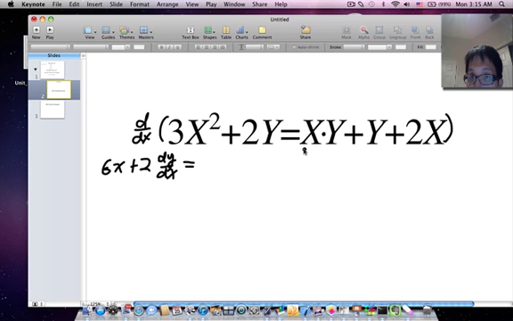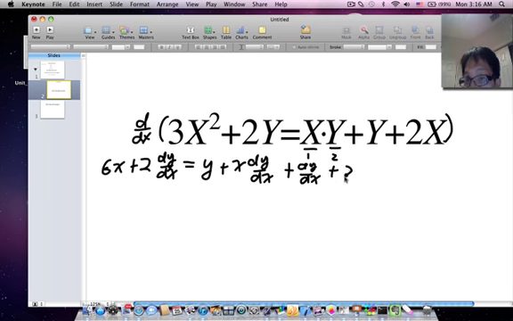So basically you're going to do the derivative of this first, which is y plus x dy/dx. In this case you have y, so it's dy/dx plus 2.